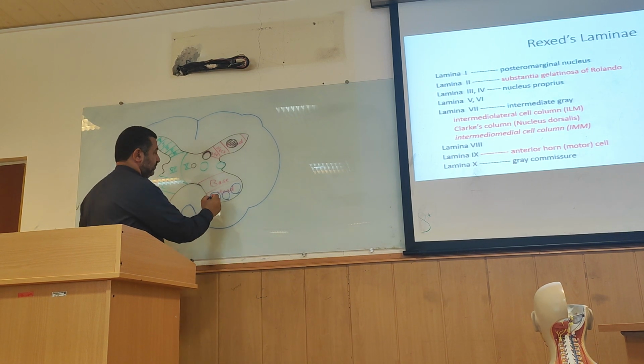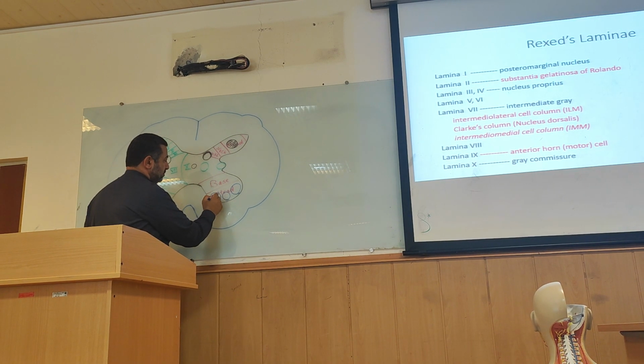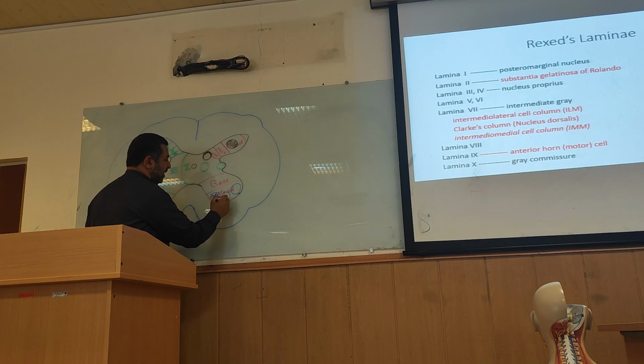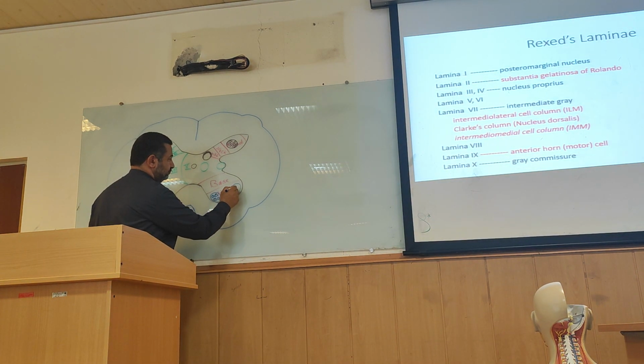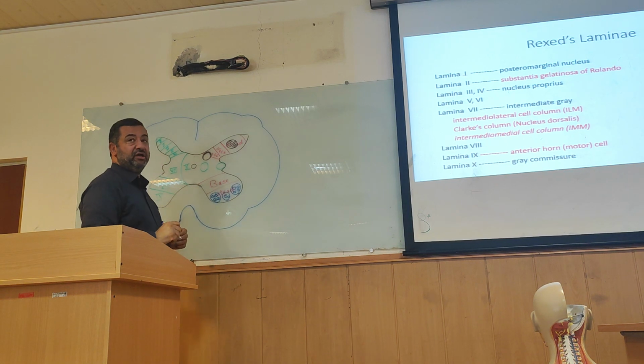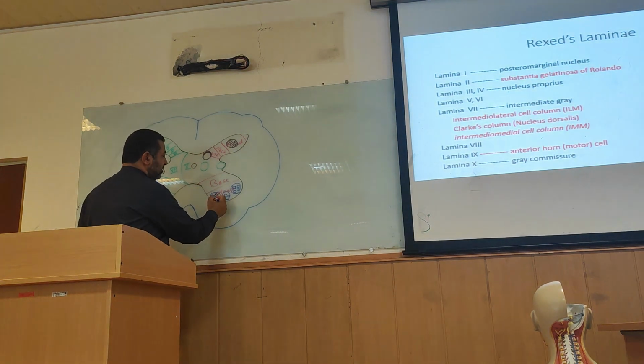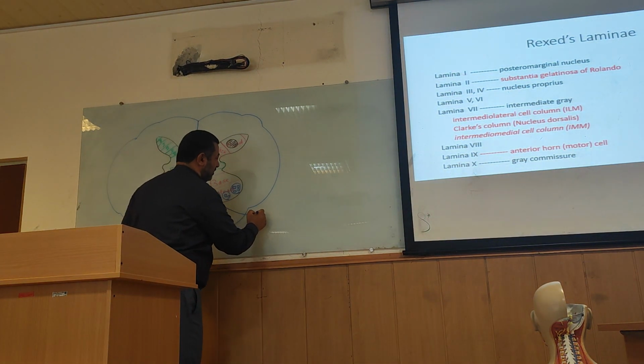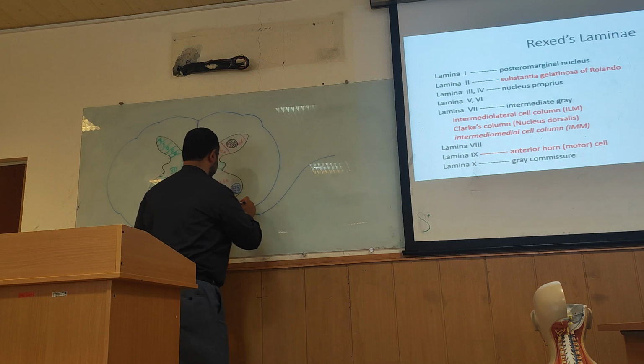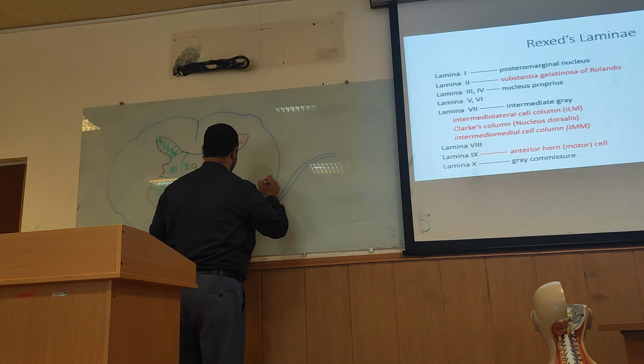Motor neurons from the anterior gray column emerge from the anterolateral sulcus and go to the intervertebral foramen.